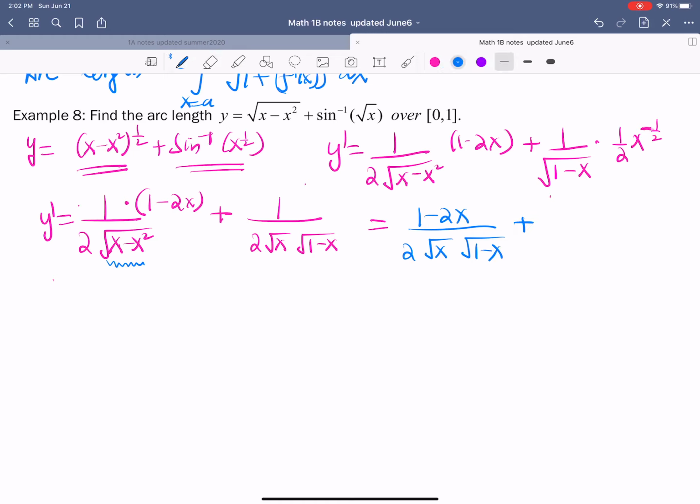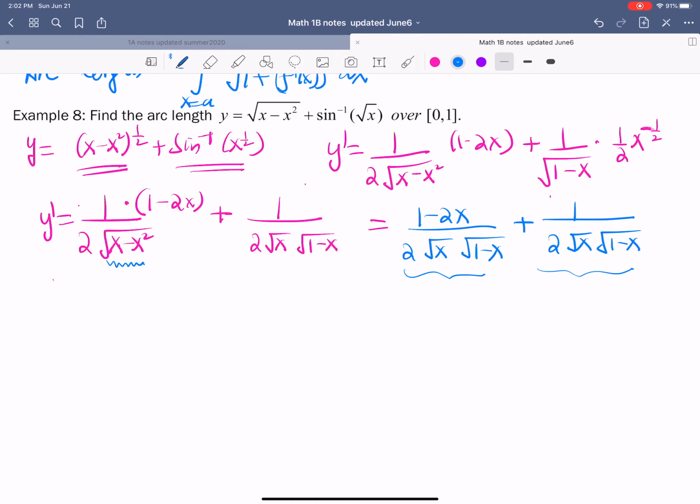That all looks good. Now plus 1 over 2 root x root 1 minus x. Okay, I see. All right. So now, yep, there was a small error somewhere there in combining the fractions.